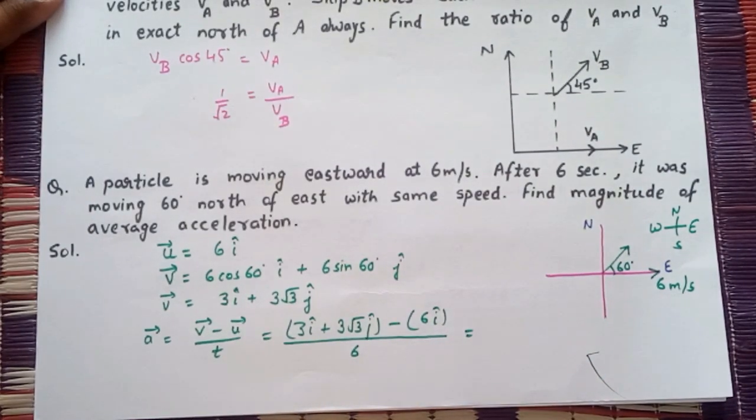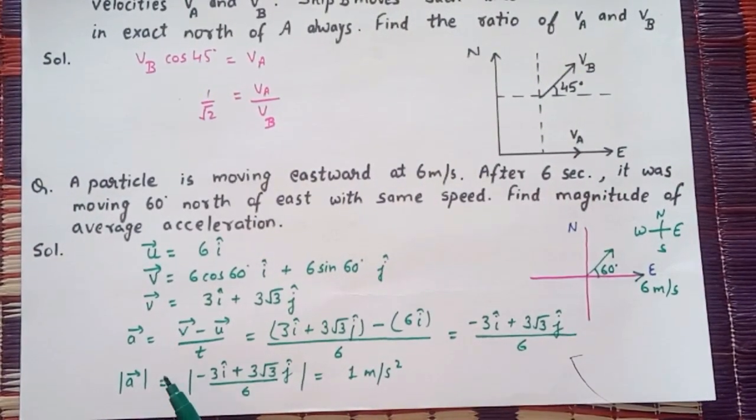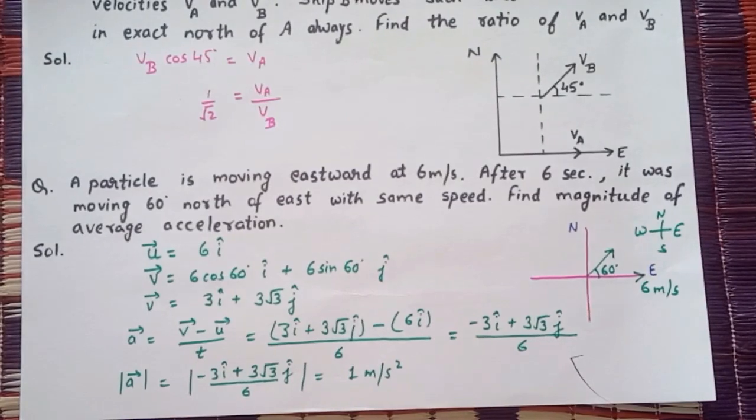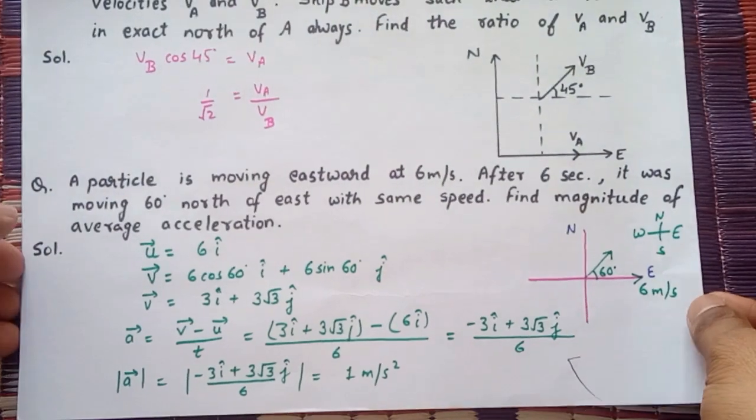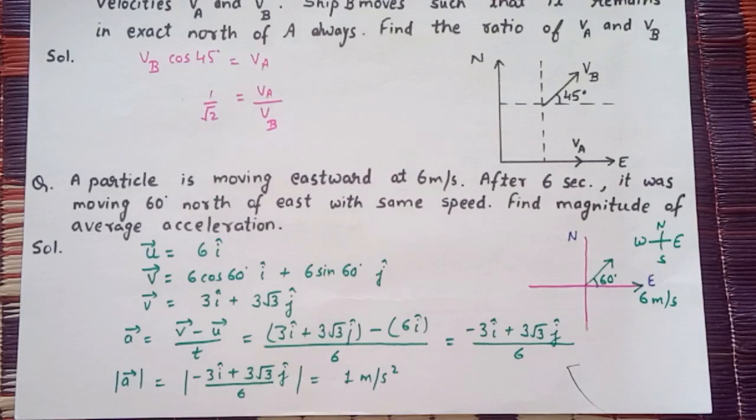On solving it, we will get modulus of the vector as modulus of this much, and it will be equal to 1 meter per second square. So the acceleration will be 1 meter per second square.